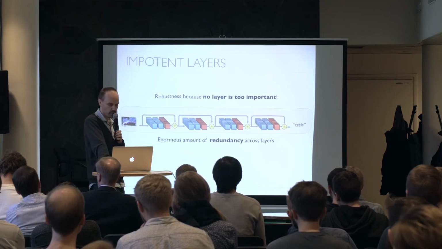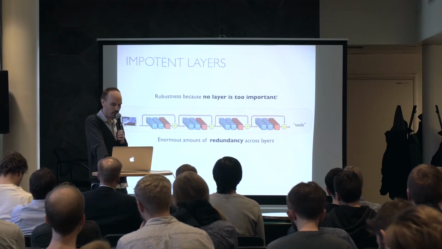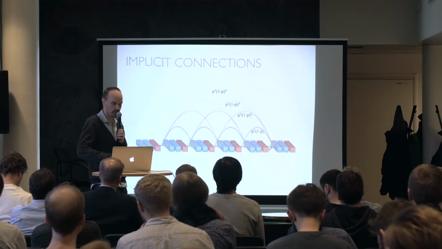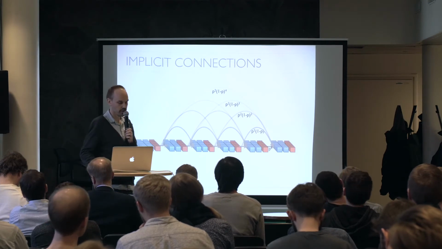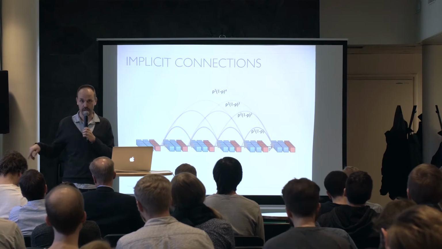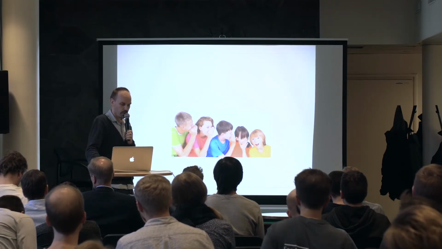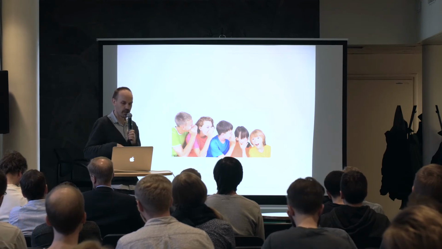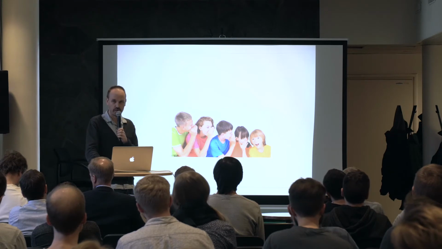So what we can do instead, and before that, how we can think about this is that because of these skip connections in the residual network, there's actually an implicit connection from any of the layers to any of the following layers. If we think of it like this, then we can ask, why do we need to play this game of telephone at all?